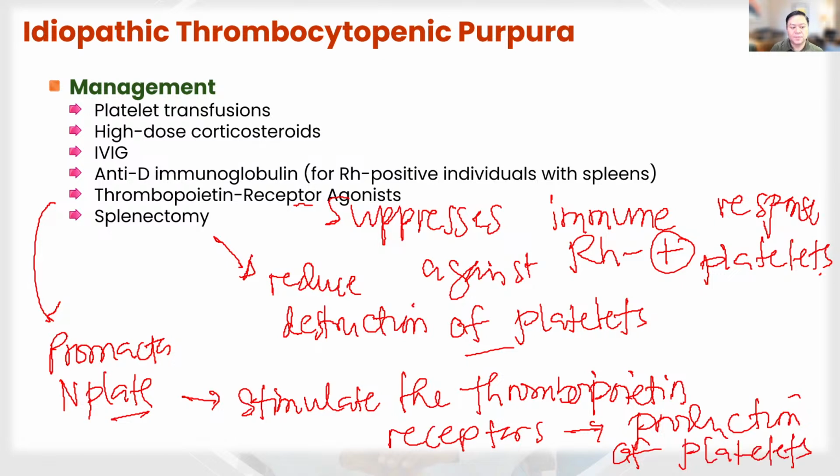All right, so I've mentioned this earlier. Some of the medications here are in the form of subcutaneous injection, and the other one is the oral form, which the patient will be taking on a daily basis.